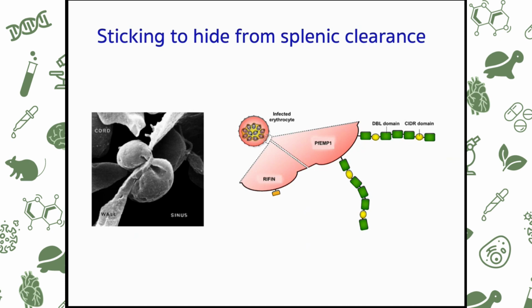So what it does is send these PfEMP1 proteins to its surface, which cause those infected red blood cells to stick to your blood vessel surfaces, or the tiny blood capillaries in the brain, or within the body, or within the placenta of a pregnant woman.